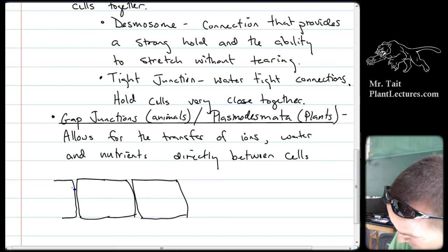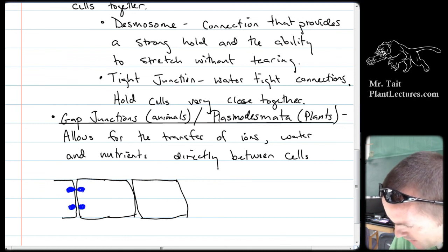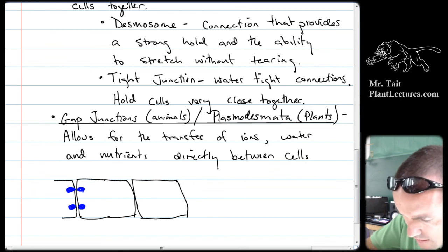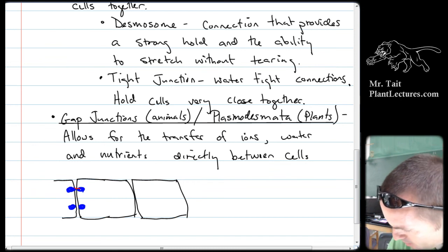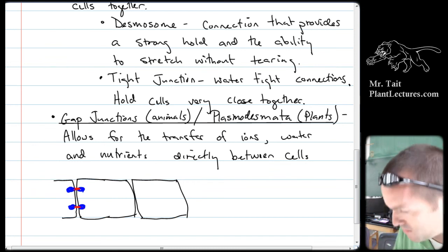Here's a desmosome. Here's a desmosome. Here's a desmosome. Here's a desmosome. And then in between the desmosomes, they are held together by fibers. So fibers hold them together like that.